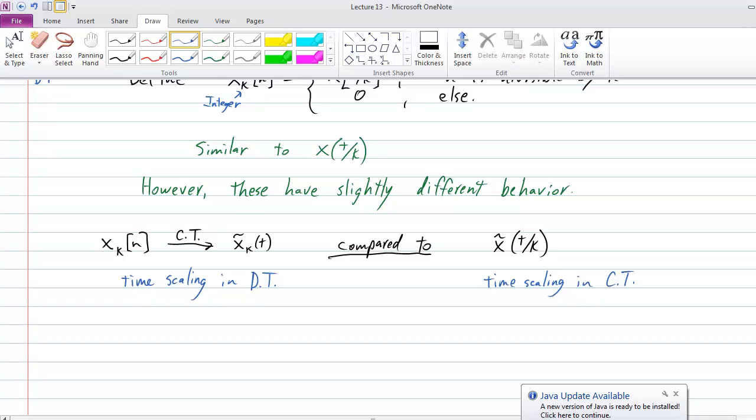Okay. So suppose x of t has period capital T, and let's say that the Fourier series coefficients are a sub k.